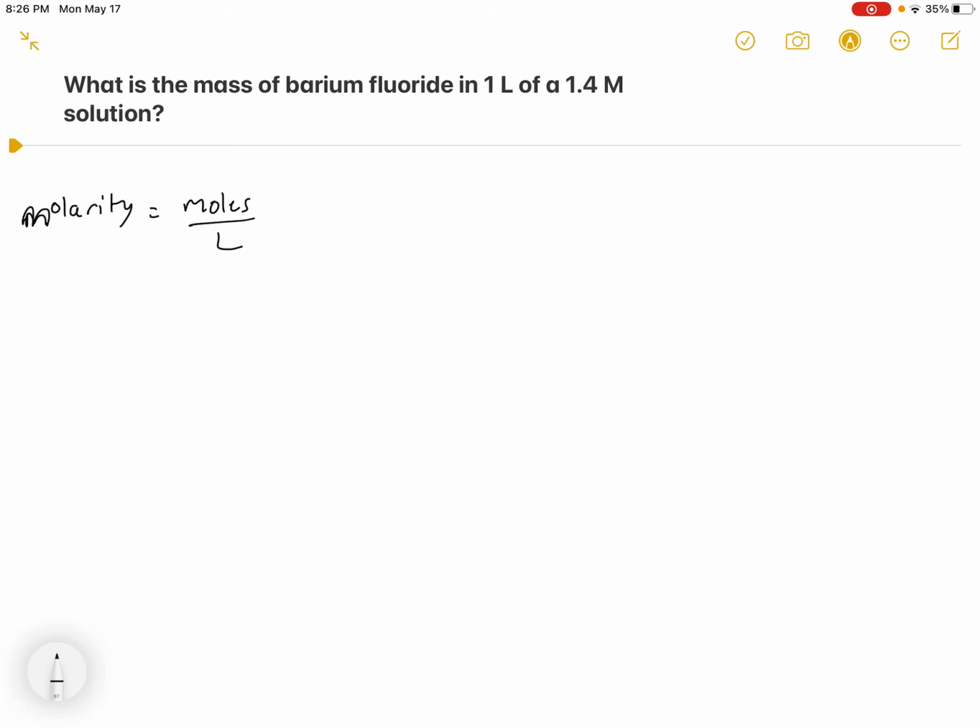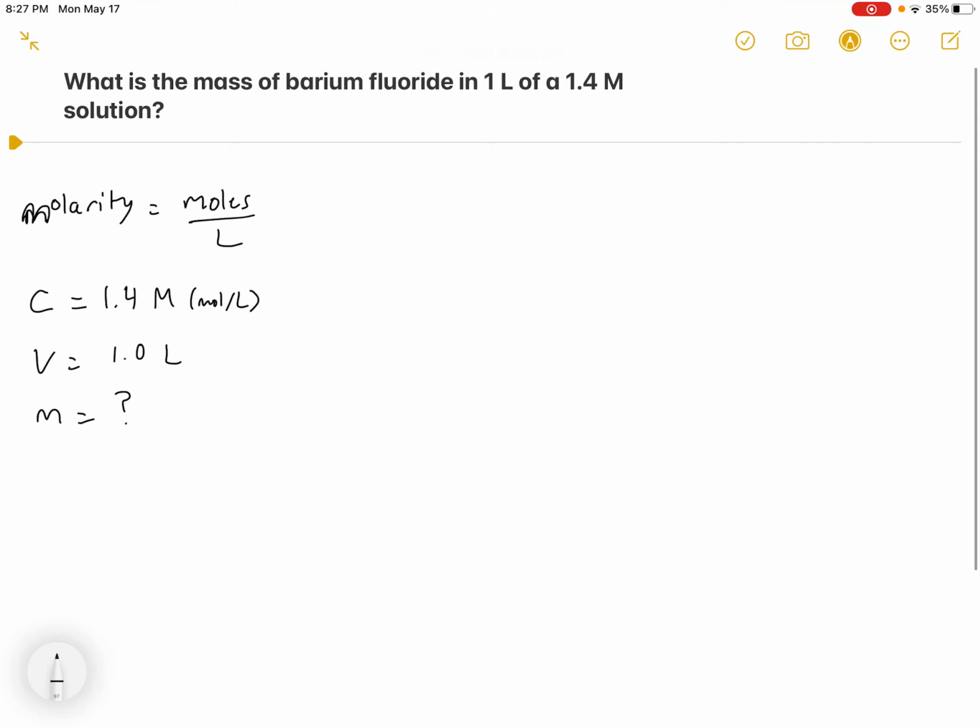So first, let's just go through the data, think about what we have, what we're asked for. So we know that C is 1.4 molar, or moles per liter. We know that V is 1 liter, and we're being asked for the mass. To be able to get mass, some other things we're going to need to figure out.